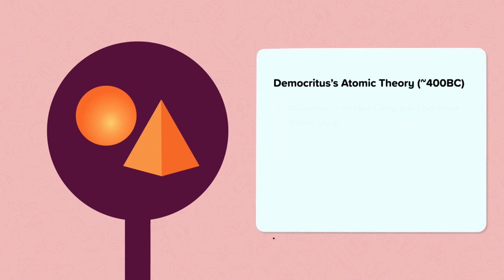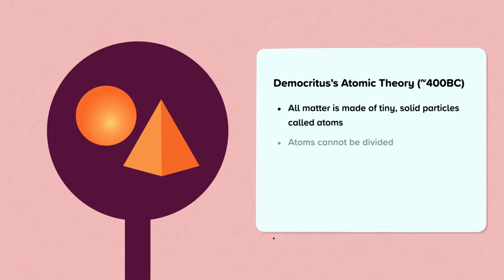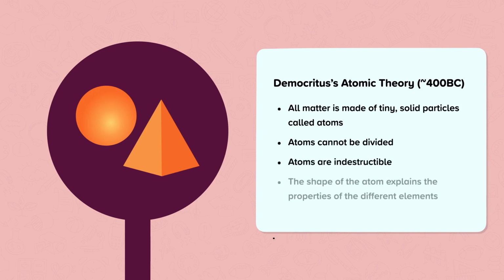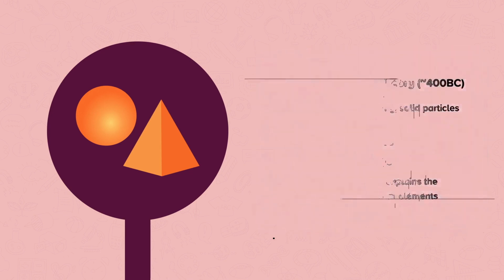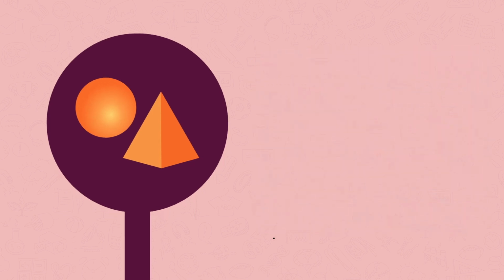So his theory, he believed that all matter is made of tiny solid particles called atoms, that atoms cannot be divided, atoms are indestructible, and the shape of the atom explains the properties of the different elements.